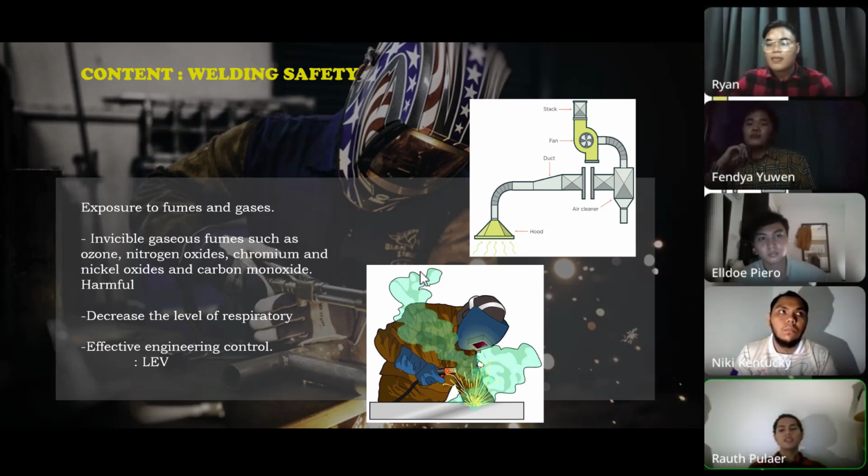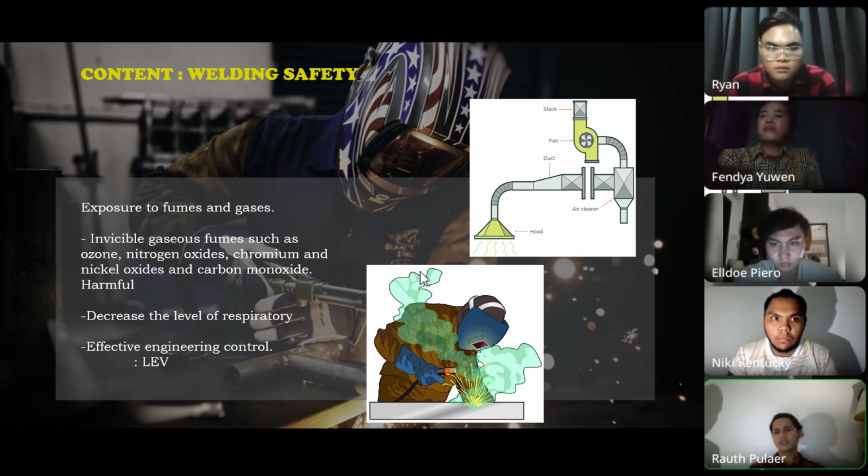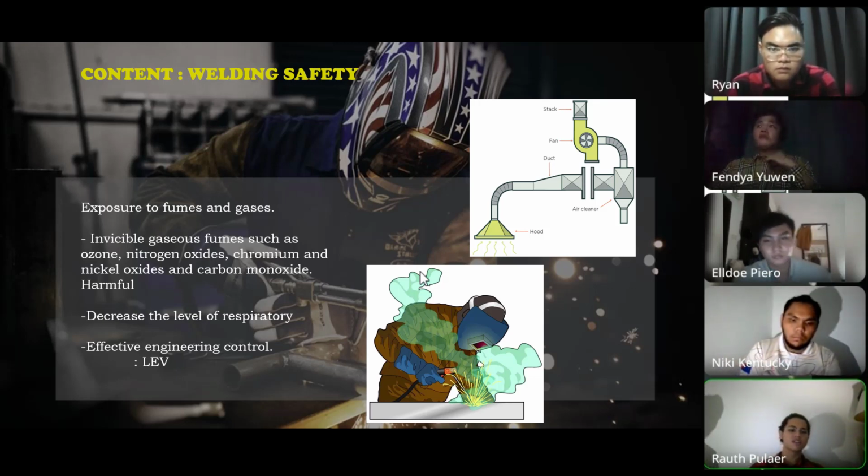And this would result in a decrease in respiratory function, where it damages the tissue of our bronchioles down to the deepest cells in our lungs.